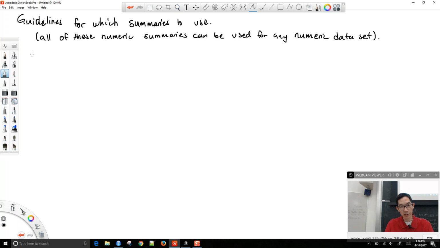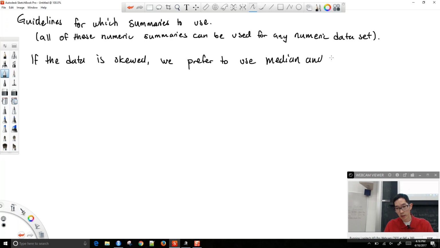Okay, and so the suggestion is if the data is skewed, we prefer to use median and IQR. Okay, so skewed being left skewed, right skewed, things like this, right?